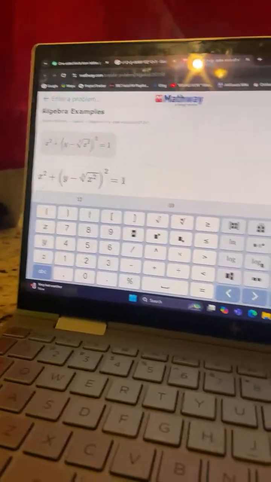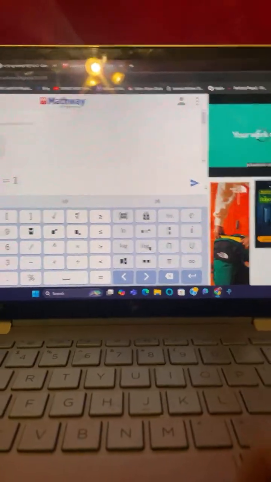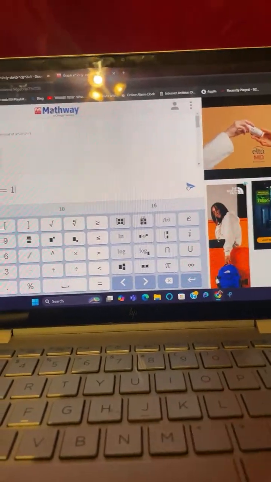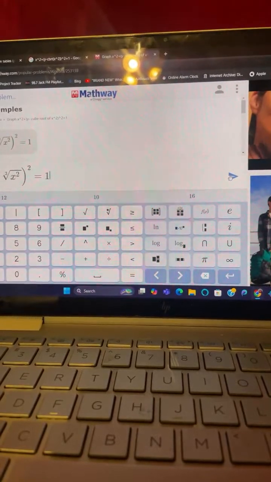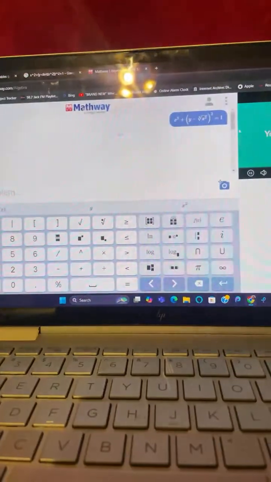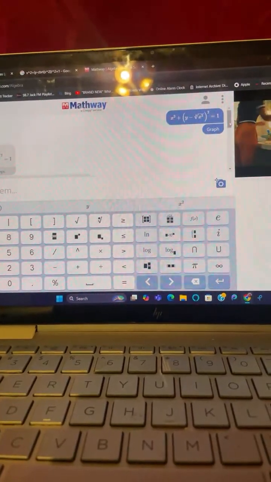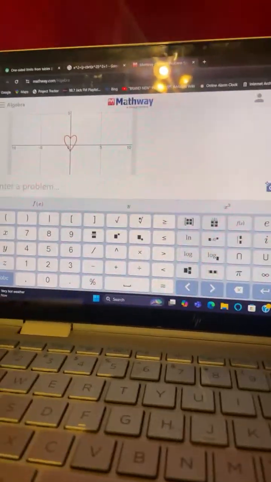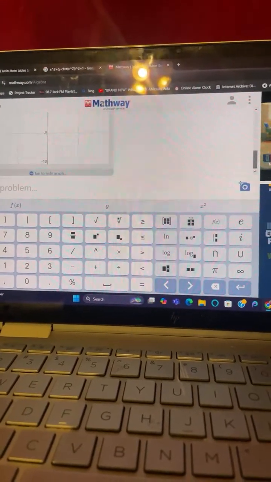It sounds familiar, but something like this. Is it like half a circle or something? And I'll look at the coordinates. Oh, that's a heart. Yeah.